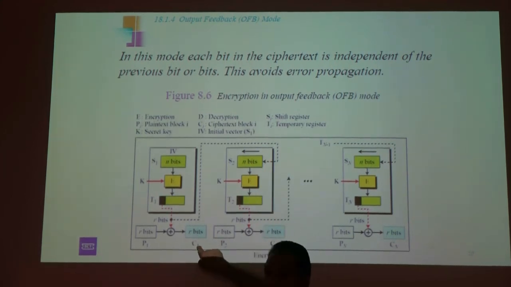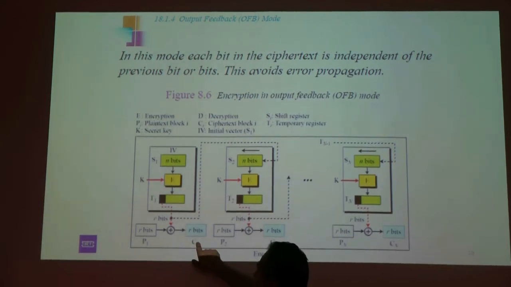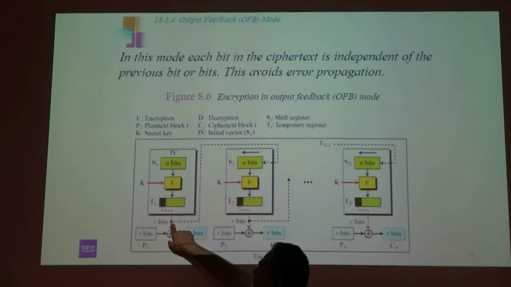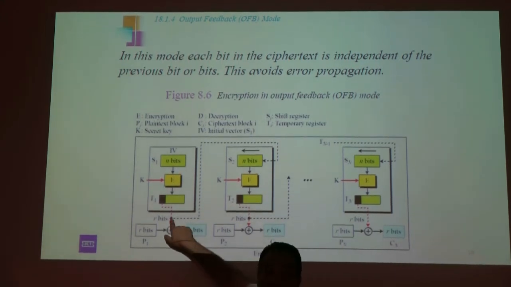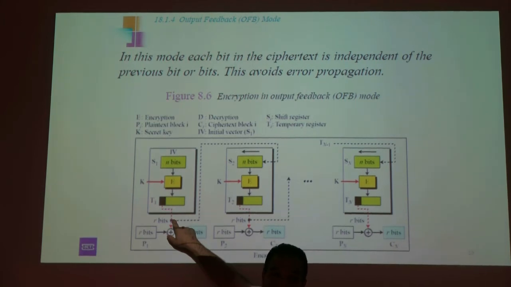It's the Ci. Now we don't wait for the Ci, we use what? We use the key, the previous key.